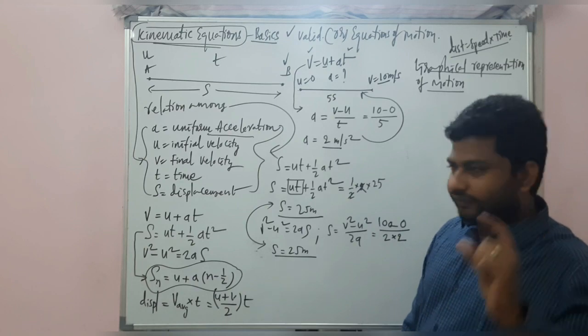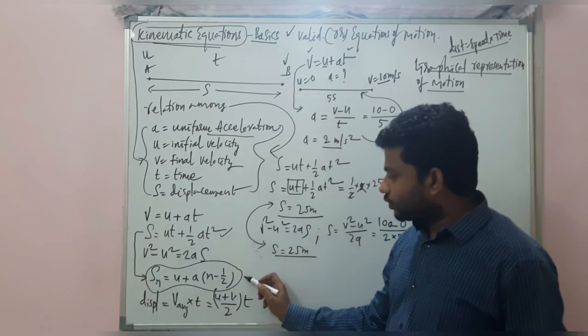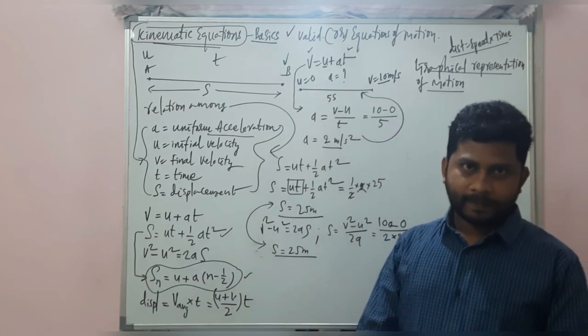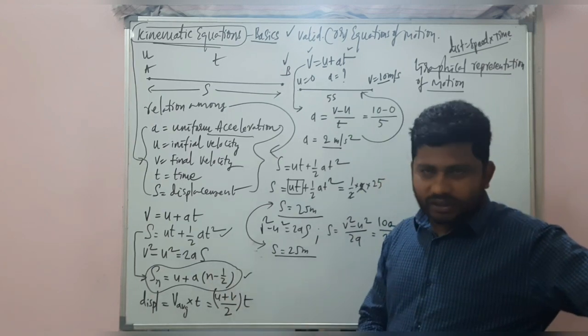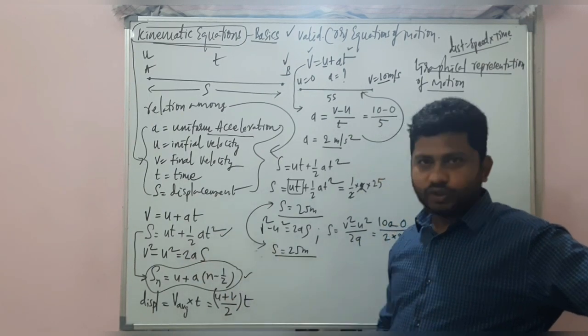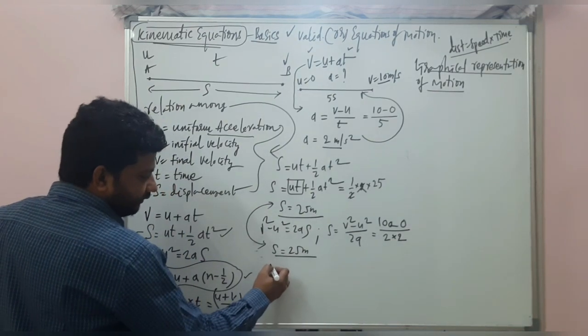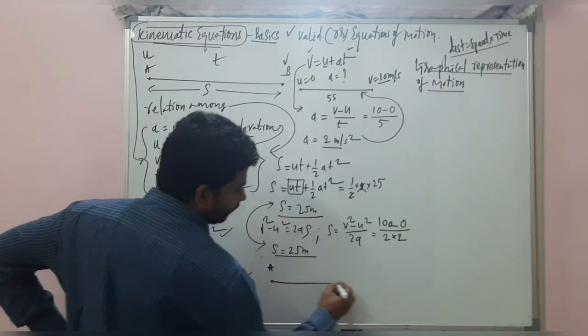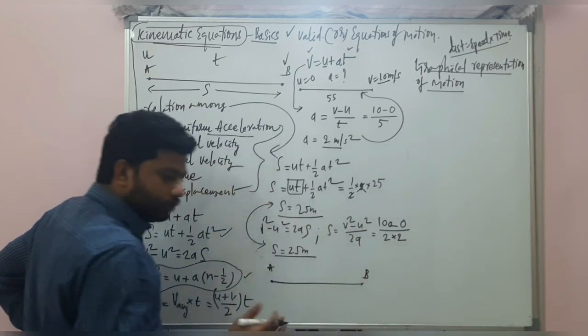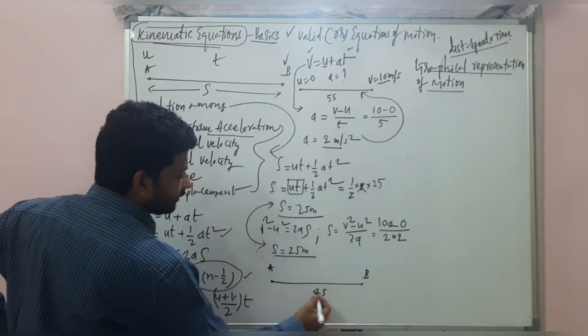There is a small difference between the second equation of motion and this equation of motion. The second equation of motion is S is equal to ut plus half at square. Let's talk about the second equation of motion here. A body is starting from point A and reaching point B, imagine in 4 seconds.